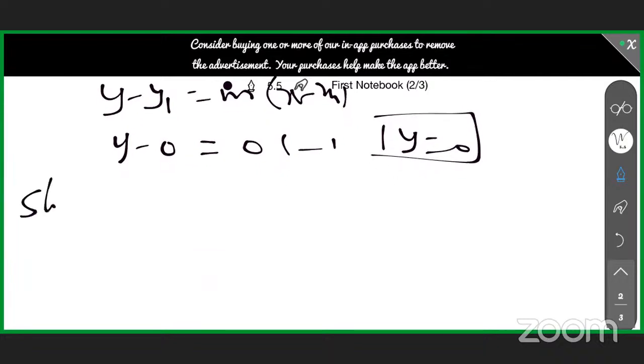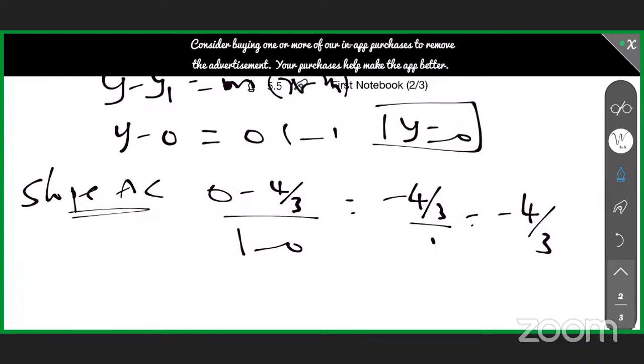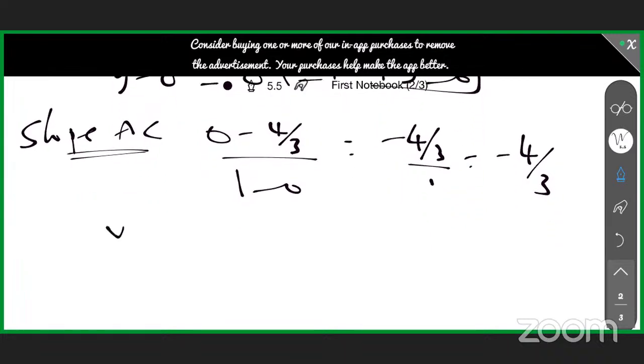The slope of AC: y2 minus y1 is 0 minus 4/3, all divided by 1 minus 0, equal to minus 4/3 by 1, which is minus 4/3. The equation is y minus y1 is equal to m into x minus x1.